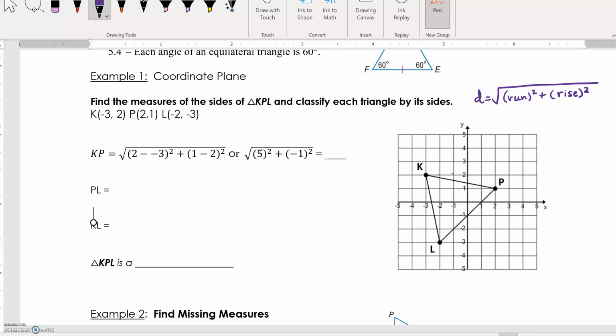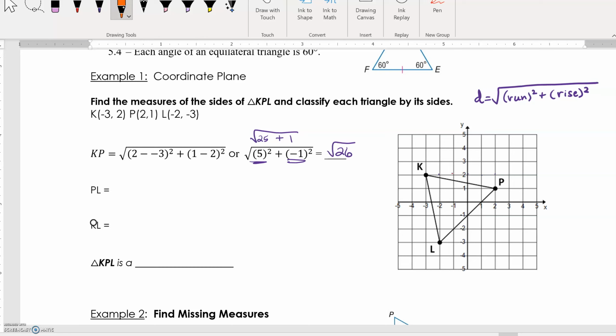We can see that happening here going from K to P, because the run is 1, 2, 3, 4, 5, which is what we got when we applied the actual distance formula. And the rise is -1. So that's 25 plus 1 under the root. Remember, when you square a negative, you get a positive. And so we end up with the square root of 26.